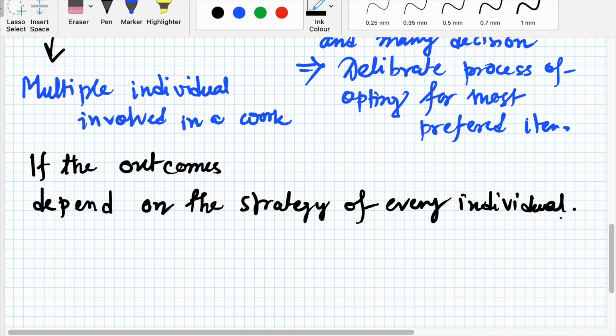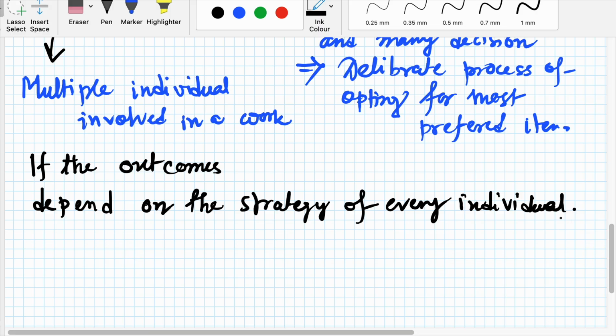So if that is true, then they are strategically interacting with each other, because if they know that their outcomes depend on everyone's strategy, then they will think and strategically interact.